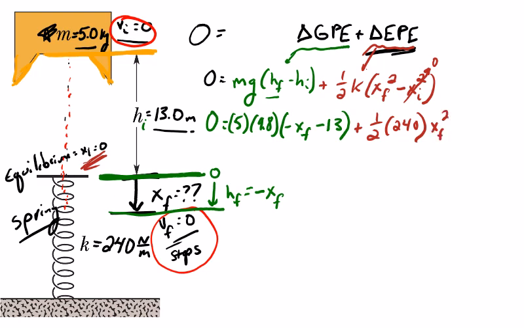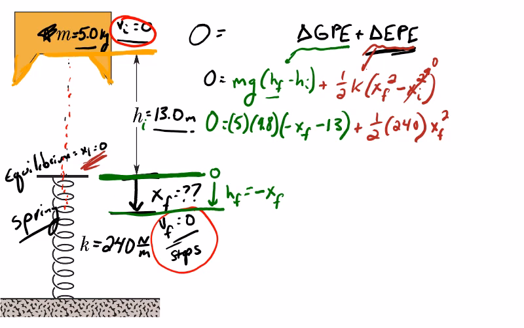So XF is going to be the square of that. That's going to be my final compression. I don't have to worry about putting a negative in there to talk about it being compression because everything is squared when you're dealing with elastic potential energy. So you have the same energy stored whether you compress it or you stretch it a certain distance.